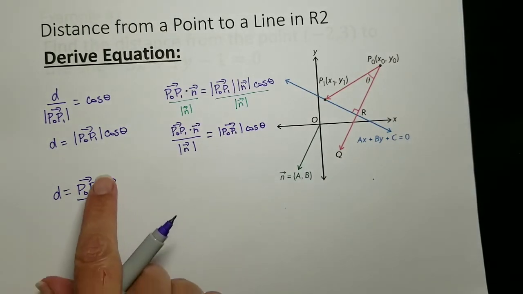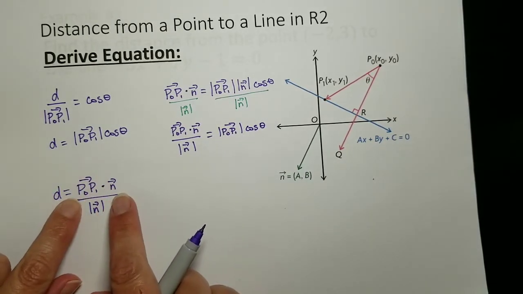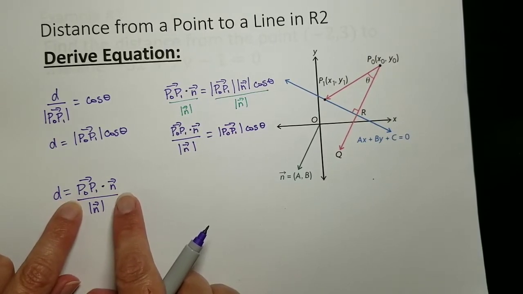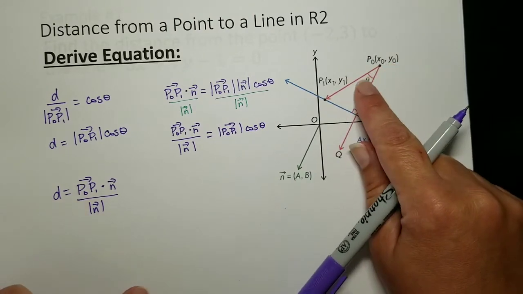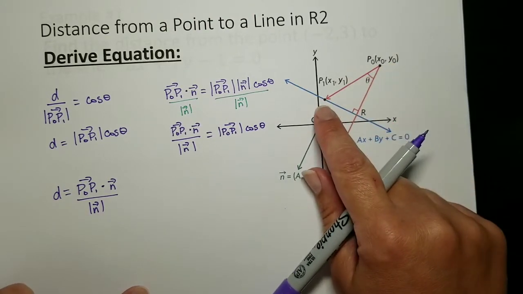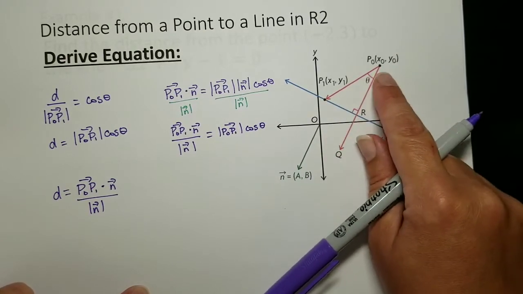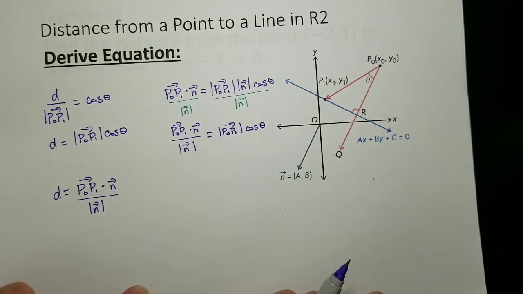Now I want to take a closer look at the top of this, because we can figure out a more simplified expression for this dot product rather than having to calculate it each time, determining a point on the line and the point that you're finding, and doing the vector between them and the dot product with the normal. So let's dive a little bit deeper into this piece here.